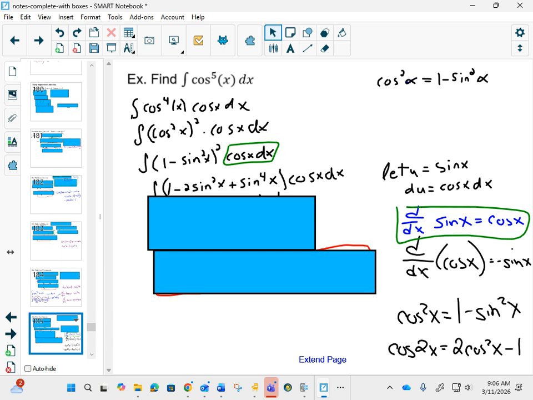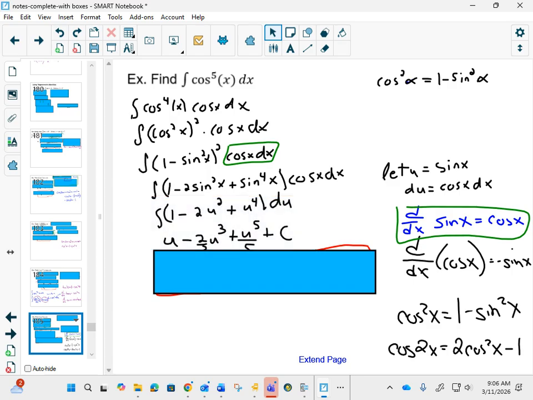Well, I could either write this as 1 minus u squared, squared, but that wouldn't substitute everything. If I actually multiply this out, FOIL it out, I'll get 1 minus 2 sine squared x plus sine to the 4x. And if I substitute my u in there, I get 1 minus 2u squared plus u to the 4.